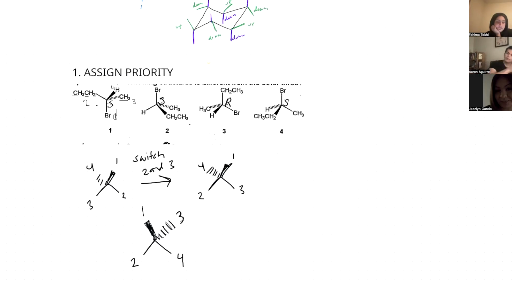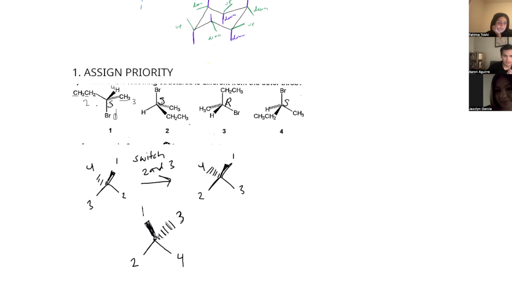If you have an R-handed chiral center and you swap two groups, it becomes S. When you're counting clockwise, it's really obvious when your lowest priority is on a dash, going away. That guarantees that it's correct.